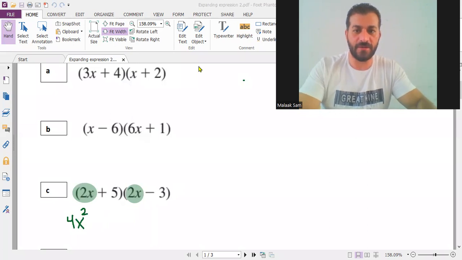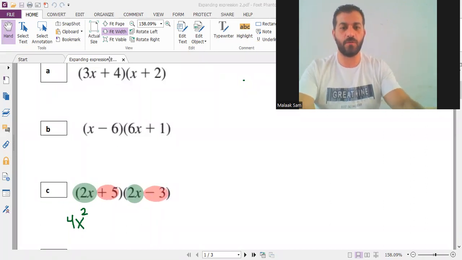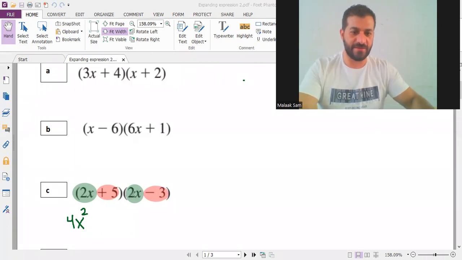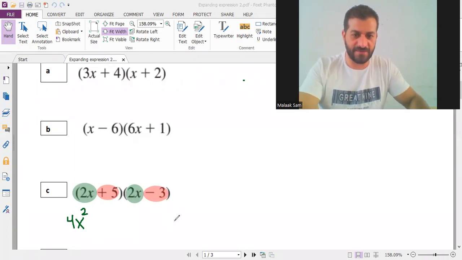And multiply the second, is 5 multiplied by negative 3. And as you know, positive times negative, it's a negative. And 5 multiplied by 3 is 15.